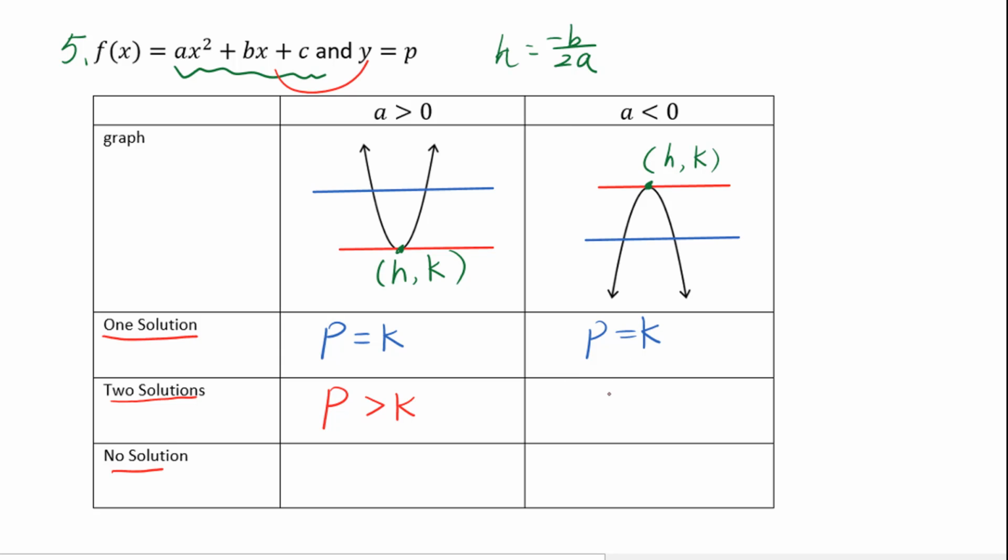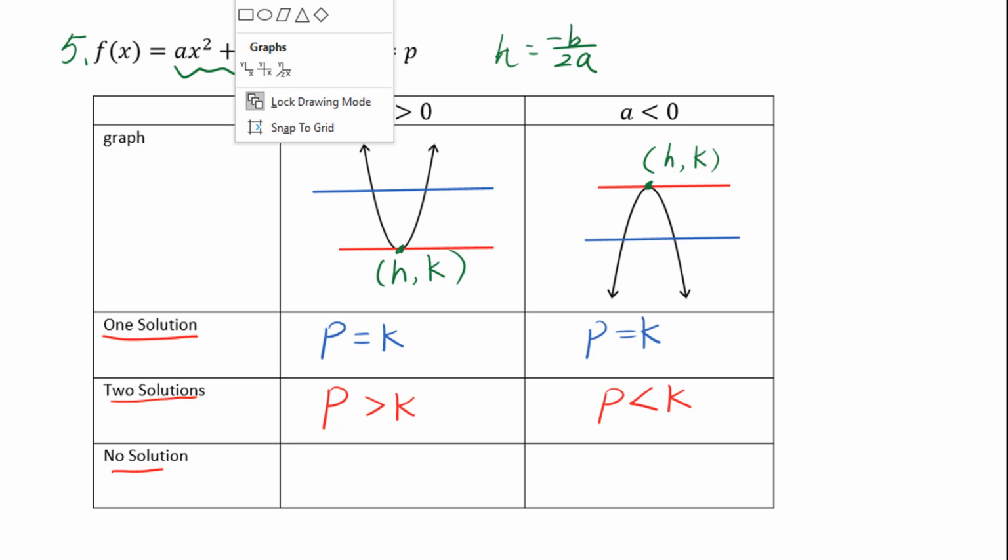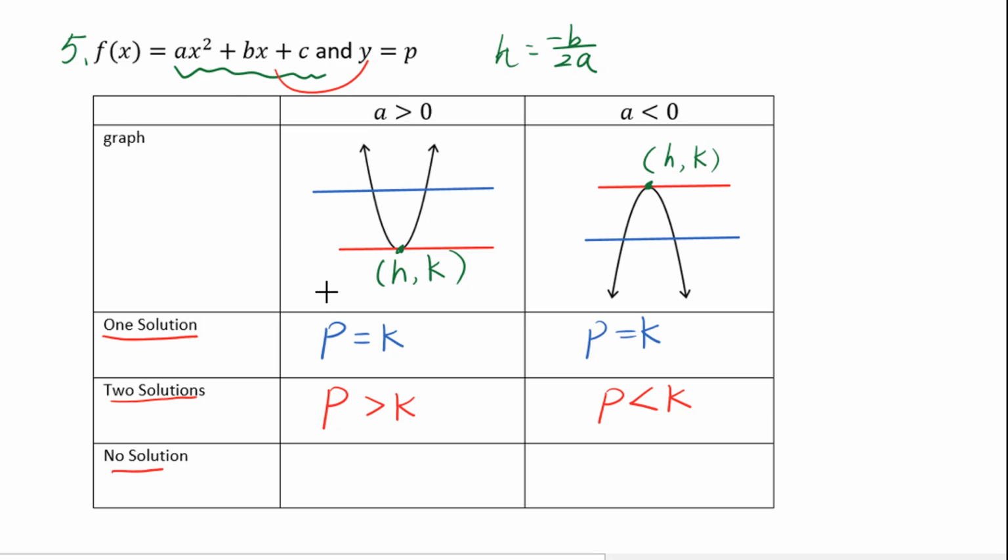For a less than 0, this p will be less than k. No solution, which means y equals p will not touch the graph like this or like this.